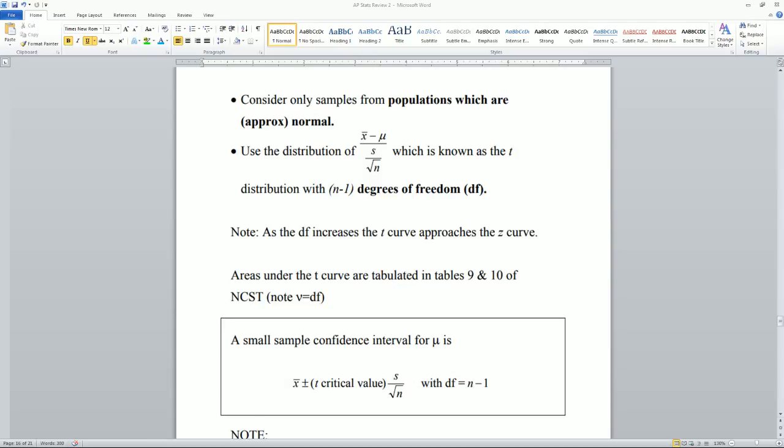T-test size. Is there a formula for it? Hold on, that's actually bothering me now.